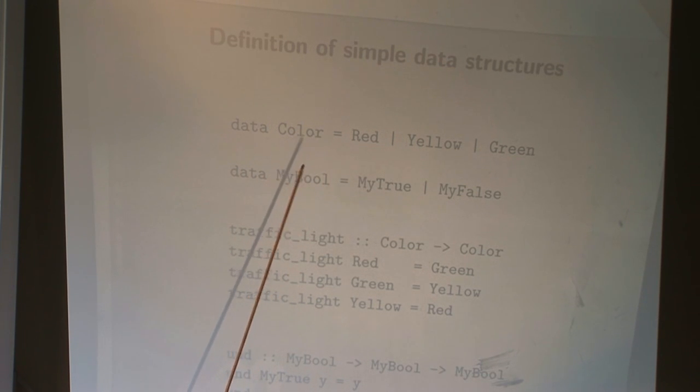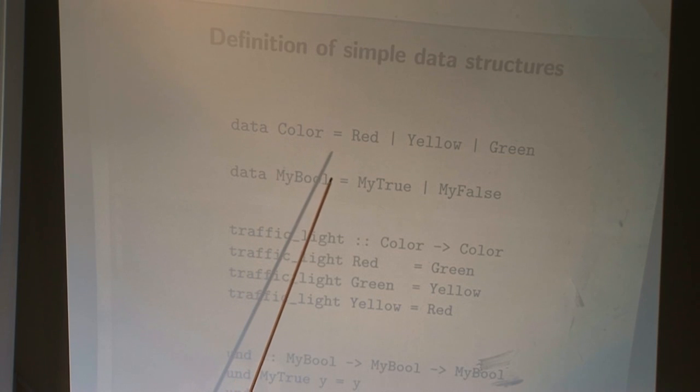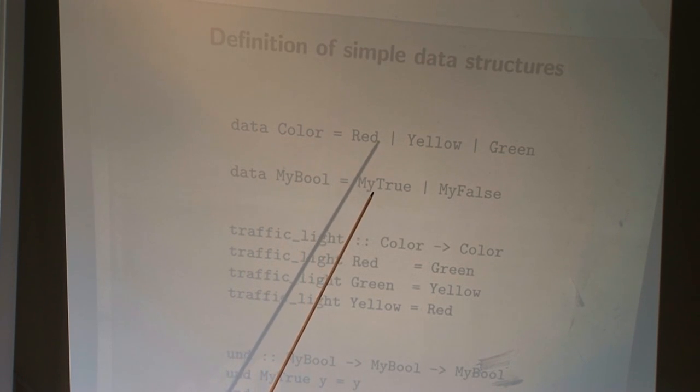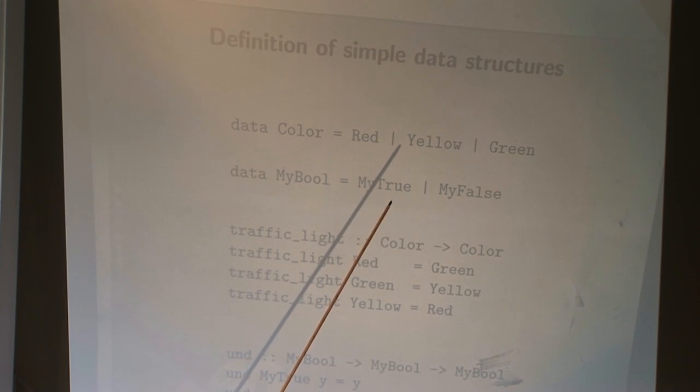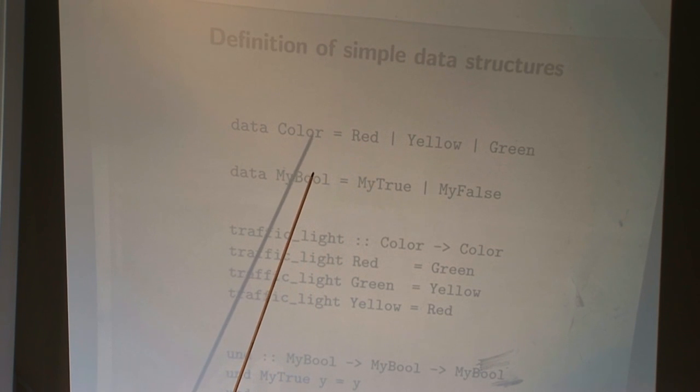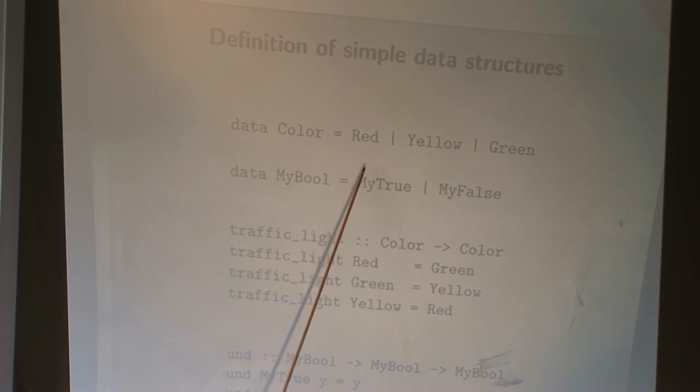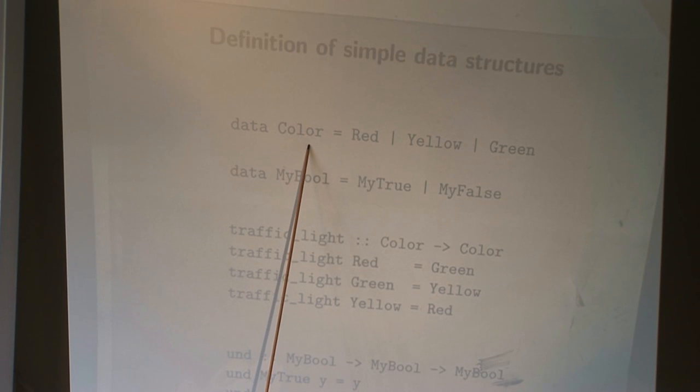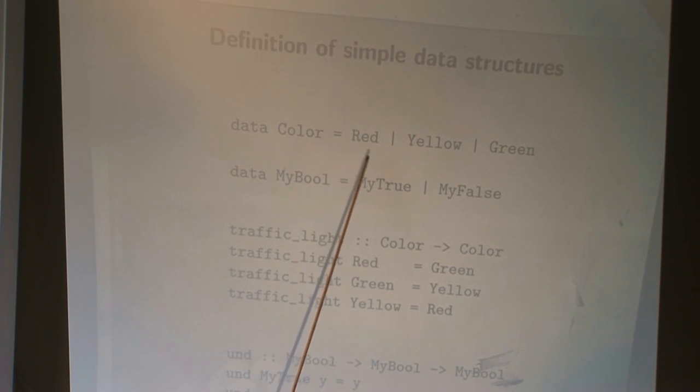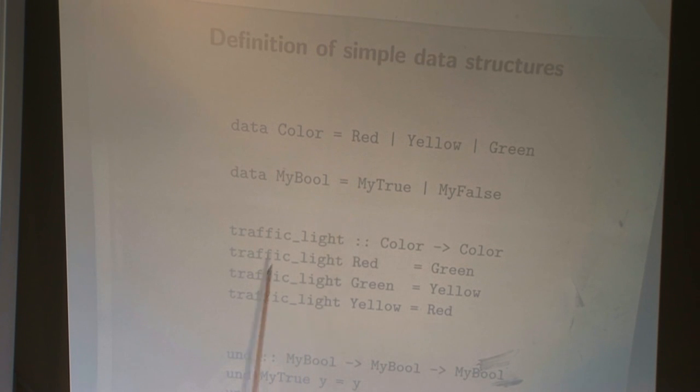So Color is simply a new data type. And then after the equality sign, you give a kind of EBNF-like grammar by showing how objects of type Color are constructed. So in this case, the type Color has simply 3 objects, and they are called Red, Yellow, and Green. So Red, Yellow, and Green are data constructors. They are used to construct the objects of the data type Color. And in fact, these are all objects of the data type Color.